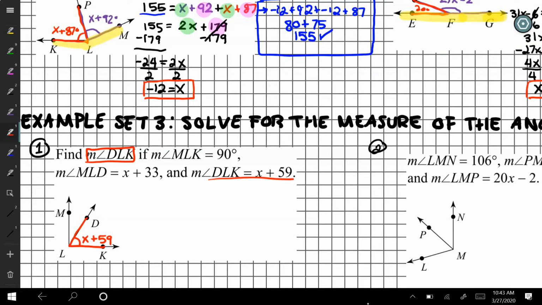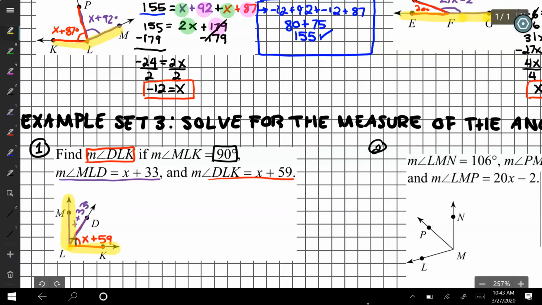And we know that MLD, we'll do that in purple, MLD has a measure of x plus 33. And the question tells us that MLK is 90 degrees, which, if you remember from our angle pairs video, means it's a right angle. So MLK is a right angle.